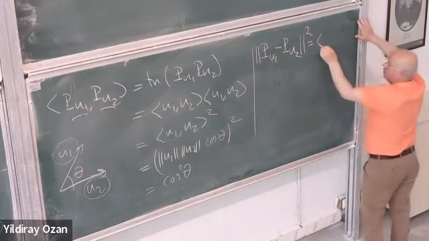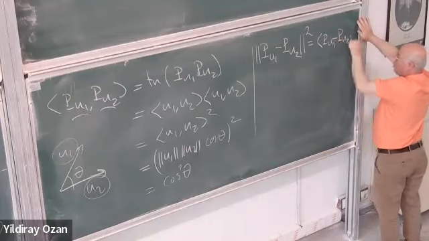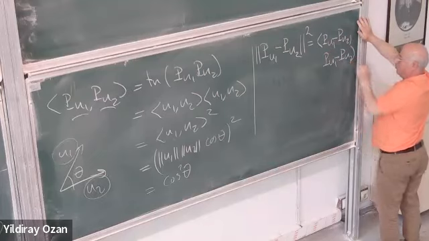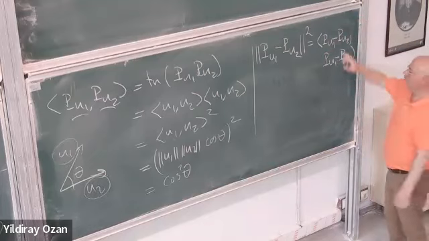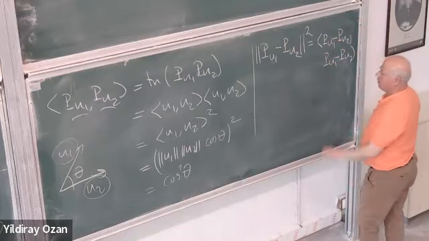Its square is PU1 minus PU2, inner product PU1 minus PU2, right? Inner product with itself is just the norm squared. And what is this?